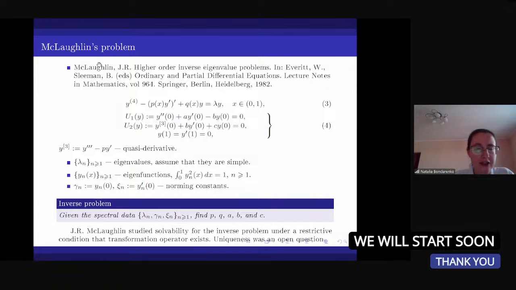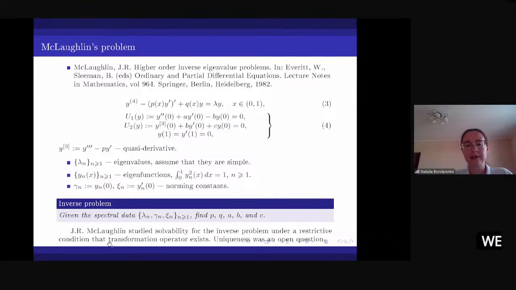What was done in the paper by McLaughlin? McLaughlin studied the solvability of this inverse problem under a condition that there exists a transformation operator. For order 4, it's a restrictive condition. It doesn't always hold.